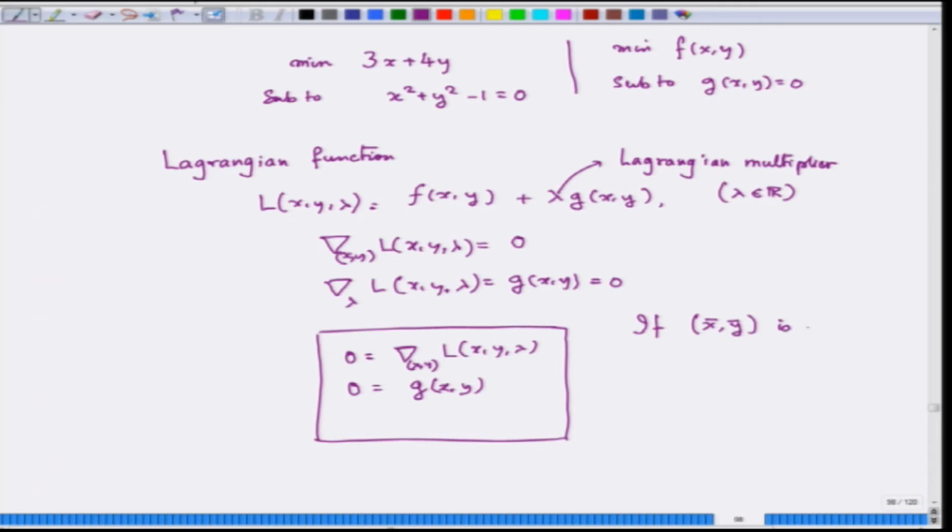If x bar y bar is a minimizer and the gradient of g at x bar y bar is a non-zero vector, then both the components of the gradient, del g del x and del g del y, cannot be 0 at the same time.